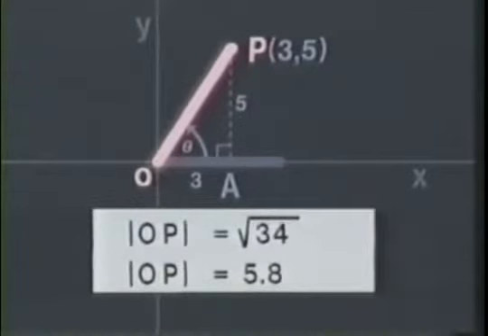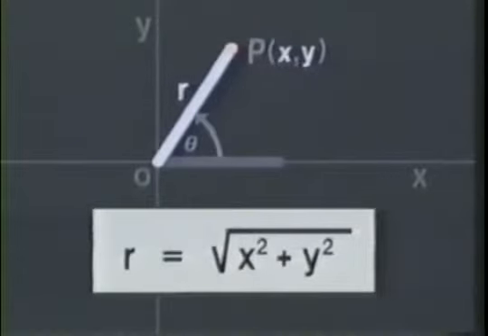For any point x, y, r equals the square root of the x-coordinate squared plus the y-coordinate squared.